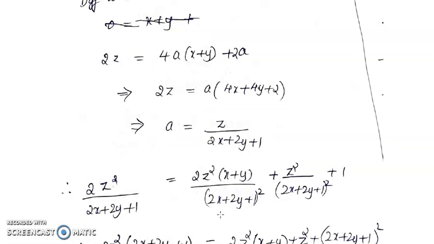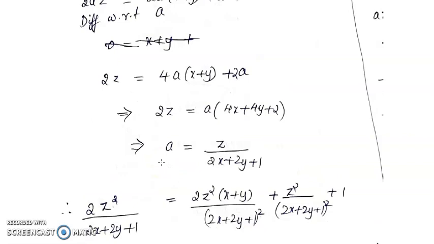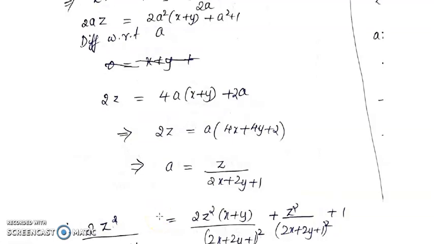Now substitute a back into the equation. So that will give 2z square by 2x plus y plus 1 equal to, so we are substituting in this equation 2az equal to 2a square into x plus y plus a square plus 1.